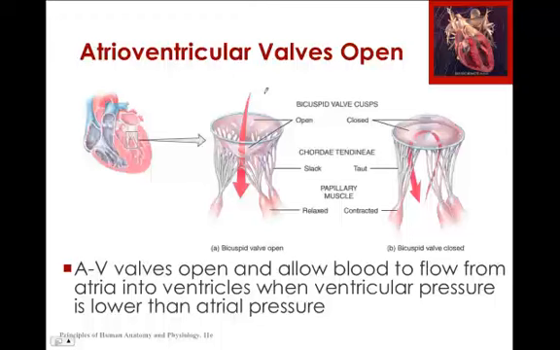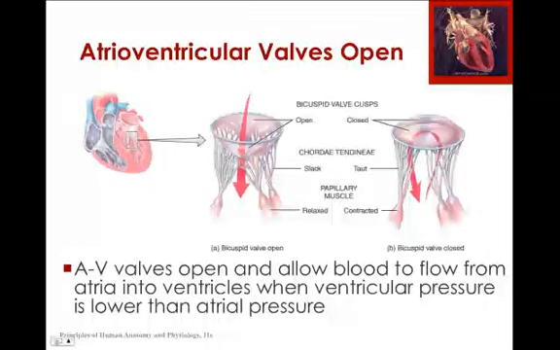If you have a bunch of wind, it could blow the door open. And that's exactly what's happening here with your valves. When you get a much higher pressure in each atrium versus the ventricles, that will basically blow open that valve, just like when you blow open a door, and that way the blood can flow through that valve.